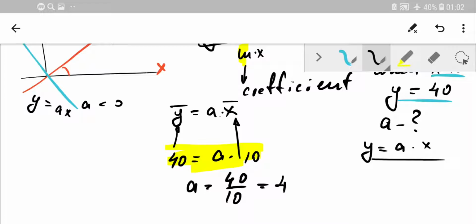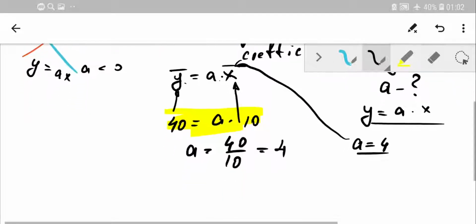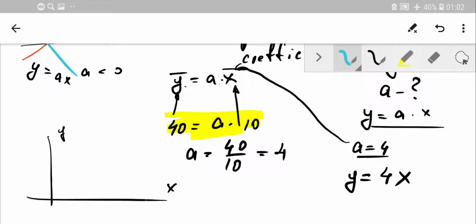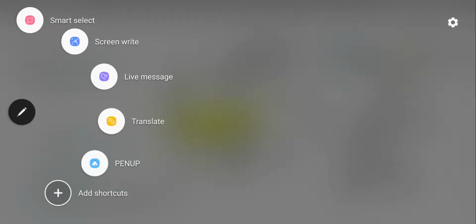So you define value a, so a equals 4, and now we just need to plug it back here in order to get the right equation for your case. So y equals 4x. If you're asked to draw, just use a straight line. That's your line with coefficient 4, so with gradient 4.